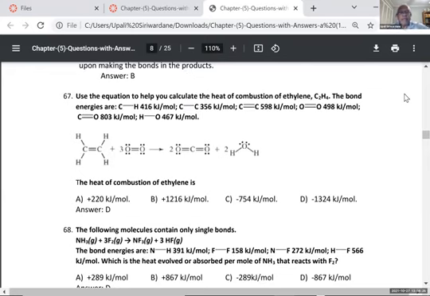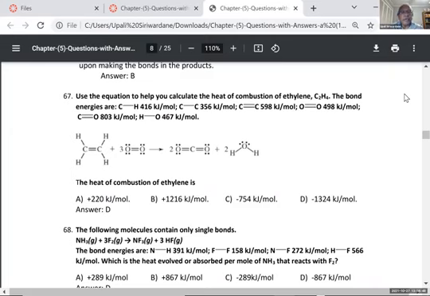We did problems like calculating heat of reaction by bond energy. We did two problems. So how do you calculate 67? We did a similar problem.